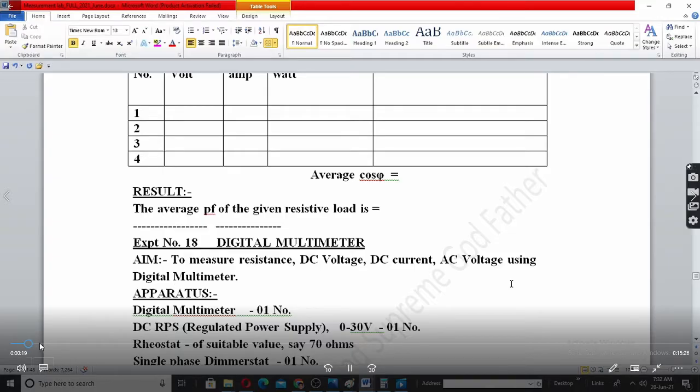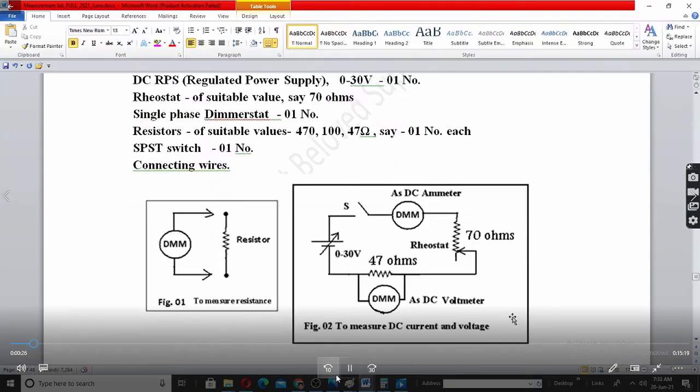Since it is important, see here, it is an experiment in this semester also.